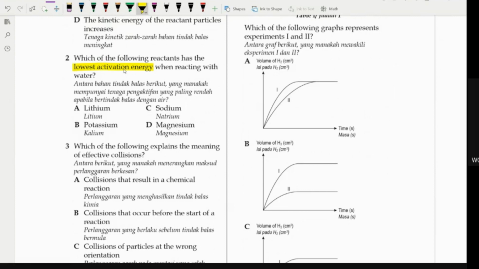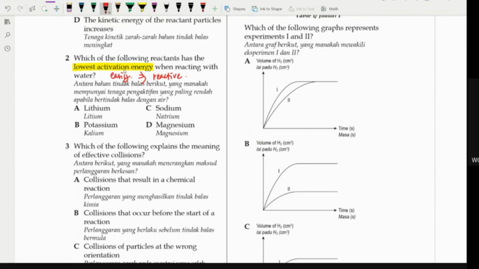Lowest activation energy means that the reaction can occur very difficult or very easy? Lowest activation energy means the reaction can occur easily, right? In other words, it is very reactive. Very reactive means the reaction can occur very, very fast.